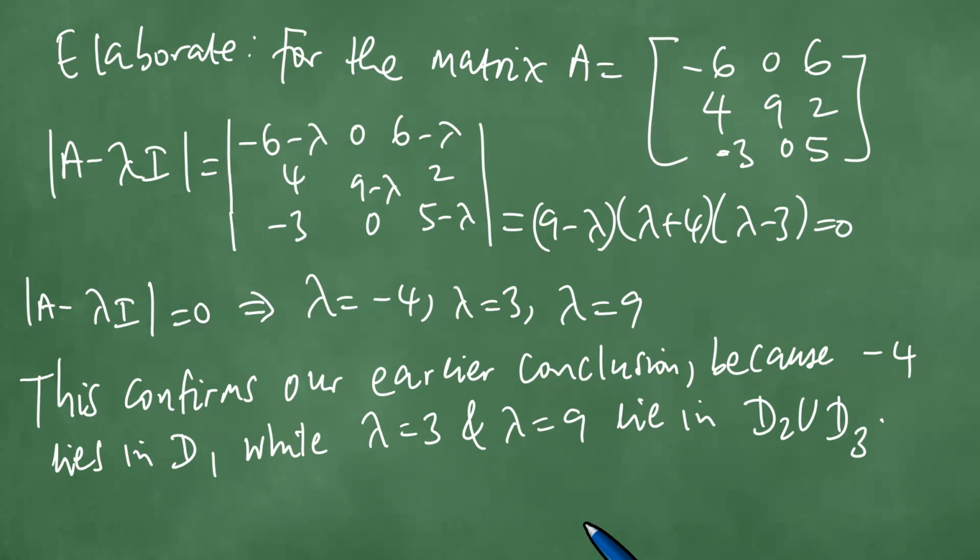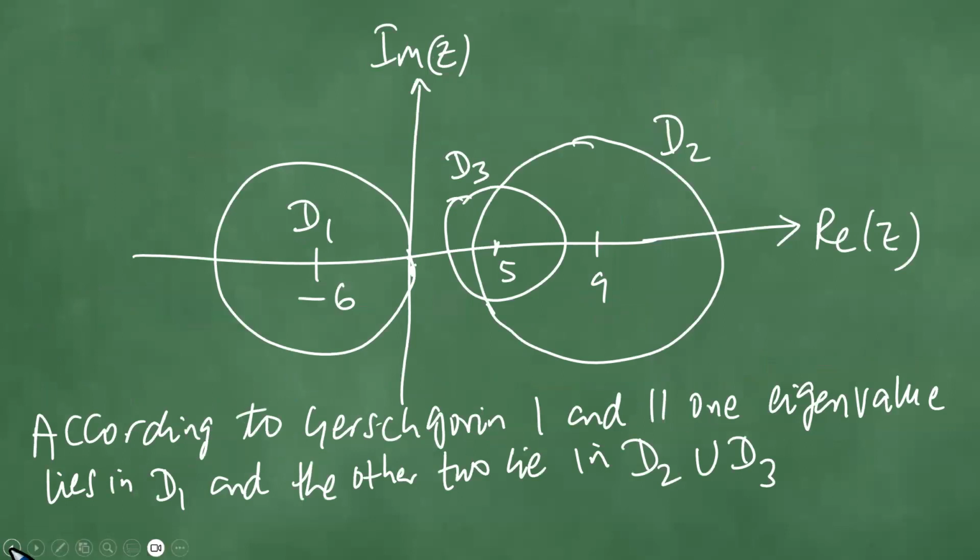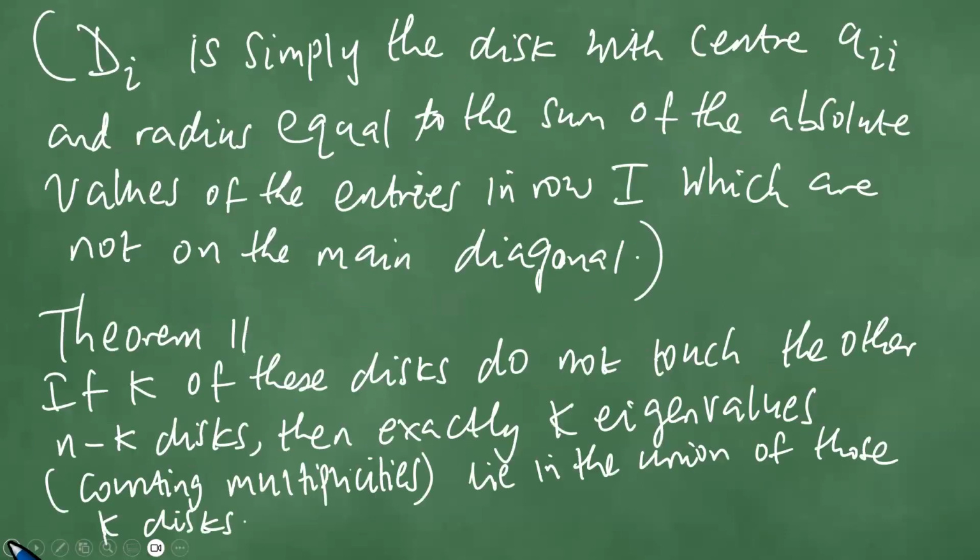The disk centered at minus 6 does not touch the other two. According to this theorem, if k of the disks do not touch the other n minus k disks, then exactly k eigenvalues, counting multiplicities, lie in the union of those disks.